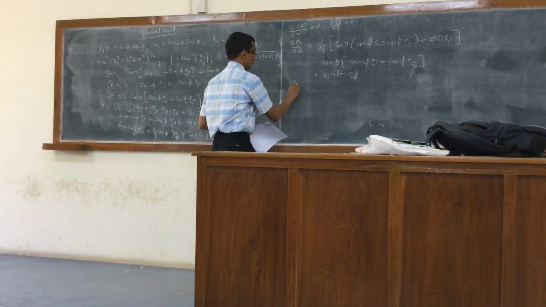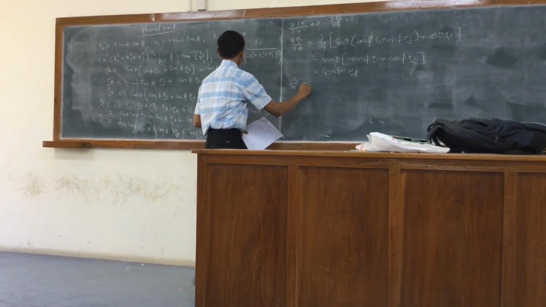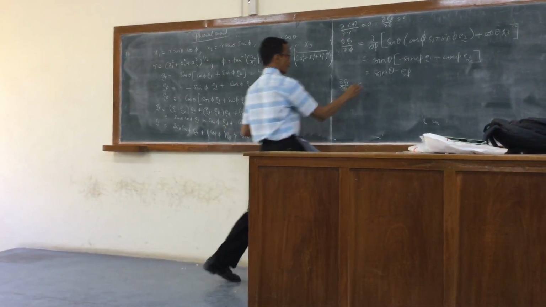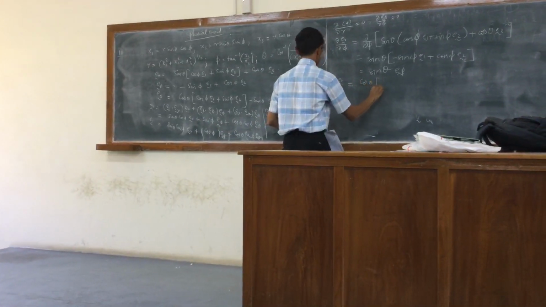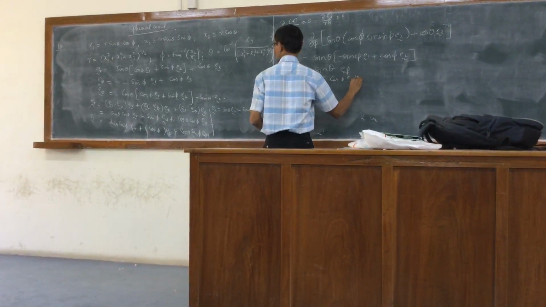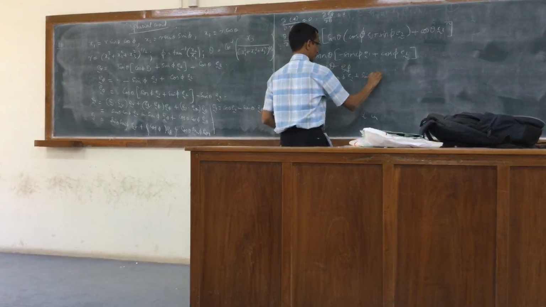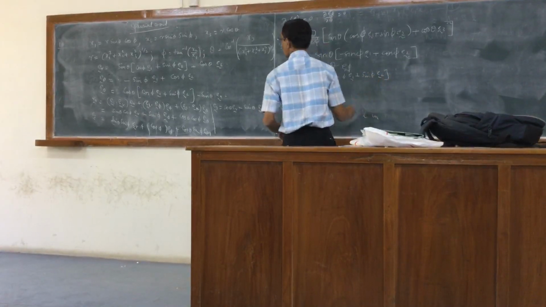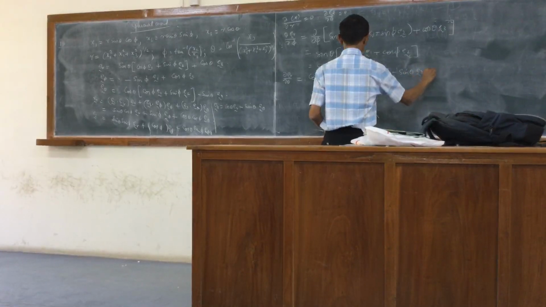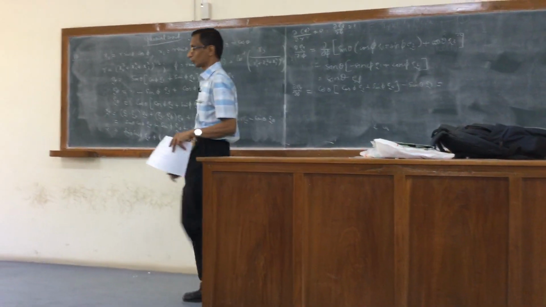So dEr by d theta is, we get cos theta times cos phi E1 plus sin phi E2 minus sin theta E3. What is that equal to?